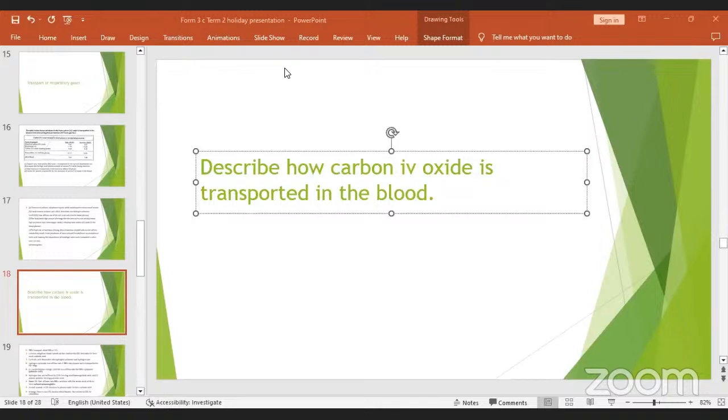I first want you to understand how the packaging takes place, both in the red blood cells and in the plasma. We form both hydrogen carbonate ions and hydrogen ions in the red blood cells, and hydrogen carbonate ions and hydrogen ions in the plasma. Then we buffer the pH.